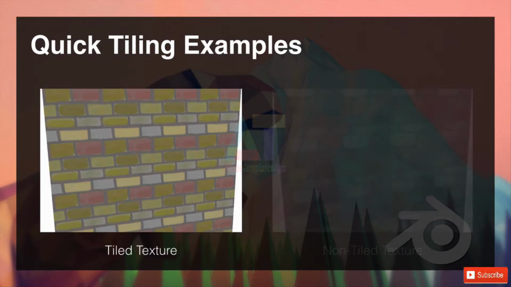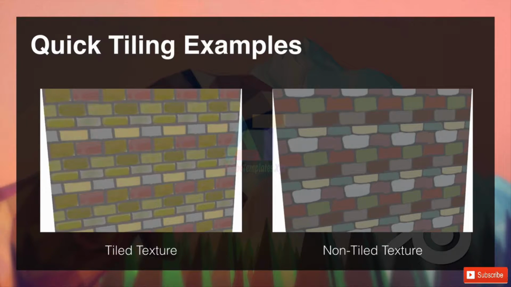But in comparison to a non-tile texture now on the right, now I tried to get the colours similar and it didn't work at all, but apologies for that. Now you can see the seams of where these things actually join together. There are in fact harsh breaks where the image ends and the image starts again. Now that will break the illusion, and you can generally only get away with non-tiled textures when they're a one-off instance.